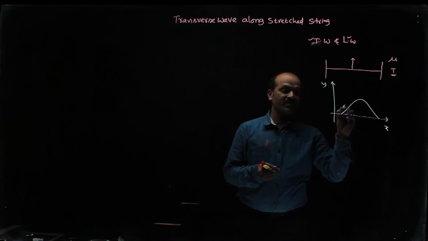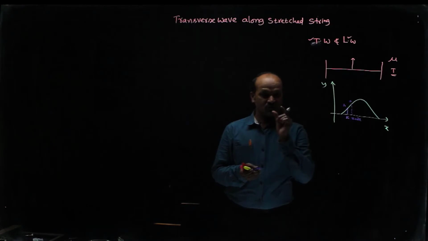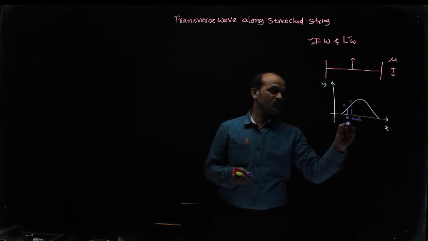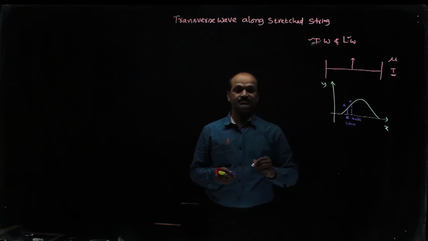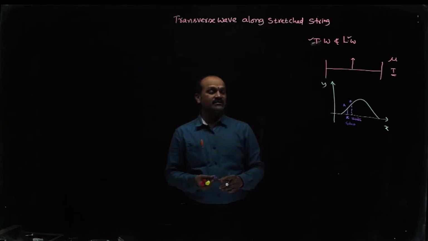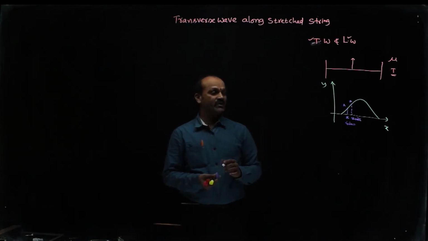Say one point is A, and nearer to that let us take one more point. Here the intention is that we are choosing a small infinitesimal length of string, dx, a small element. What we study about that small element, finally we get the transverse wave velocity along the stretched string. Okay.